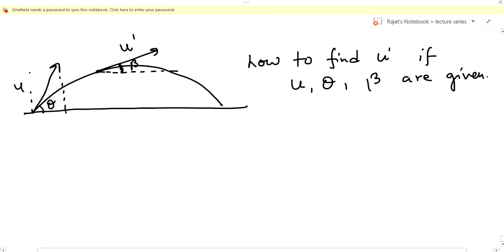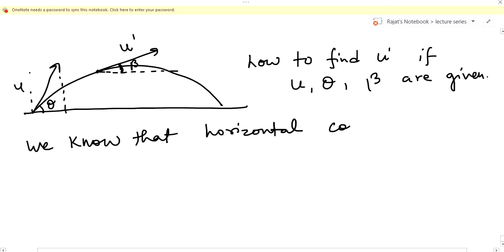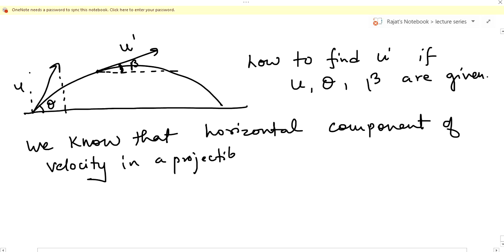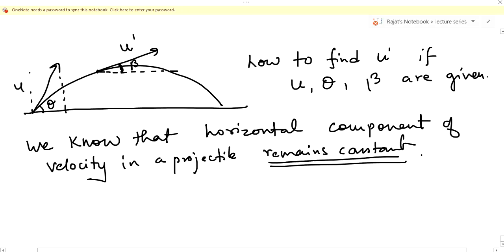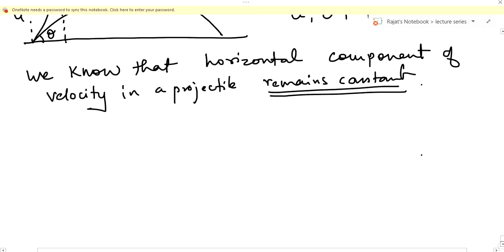The easier way is like this. Here is the trick. We know that the horizontal component of velocity in a projectile remains constant. This is what we know. Just think about it.